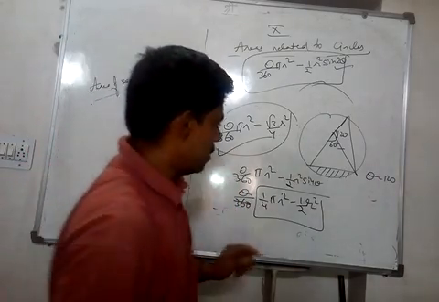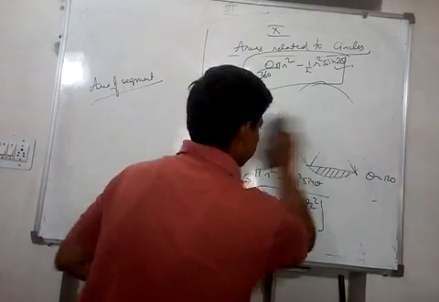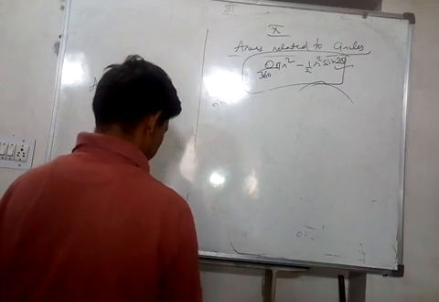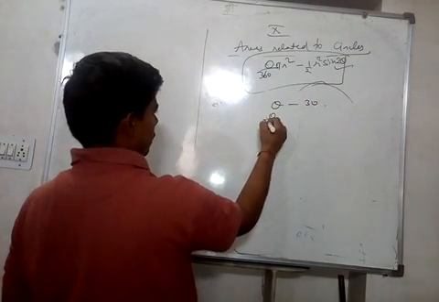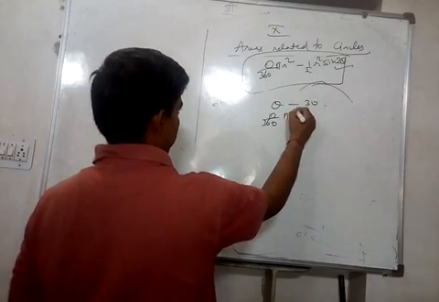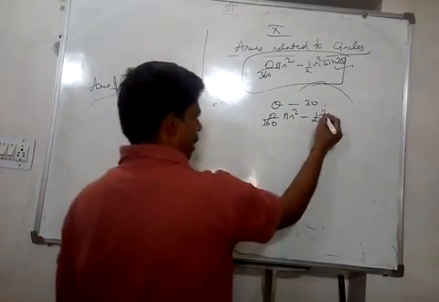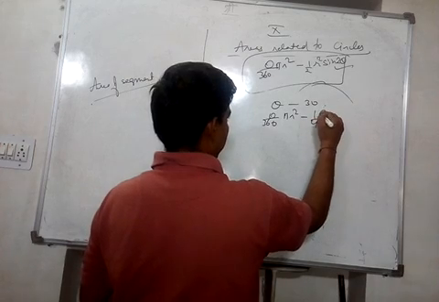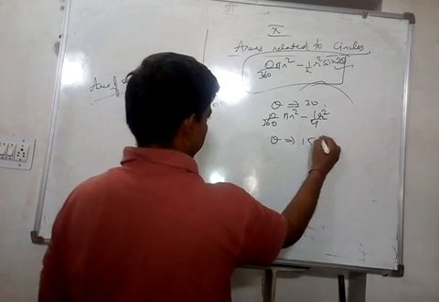At theta is equal to 30 degree, I will make a table for this segment. So theta is equal to 30 degree, the formula is theta upon 360 pi r square minus half r square, and sin 30 gives you 1 upon 4 r square, right? And it is same for theta is equal to 150 degree.